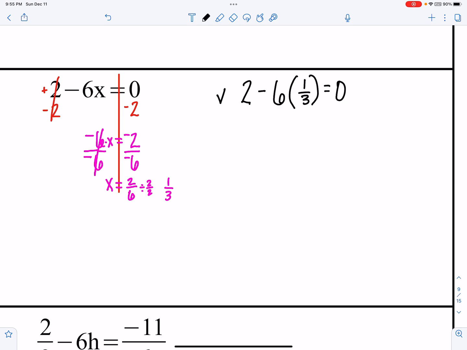And when I do that, you can cross simplify because technically we have a 6/1 times a 1/3. I can cross simplify those and get a 2 here. So we end up with 2 minus 2 equals 0, and thus 0 equals 0.